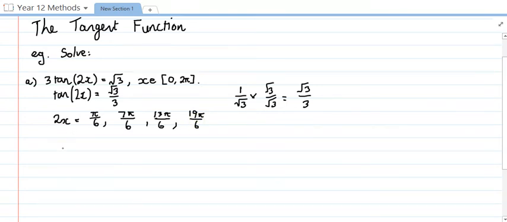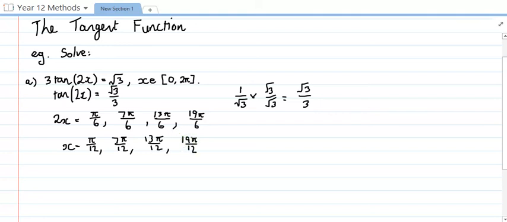So then dividing both sides of the equation by 2, we get x equals pi on 12, 7 pi on 12, 13 pi on 12, and 19 pi on 12.